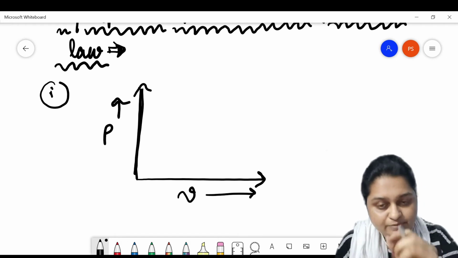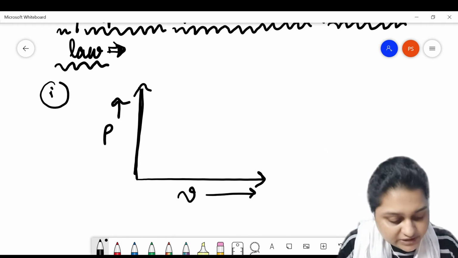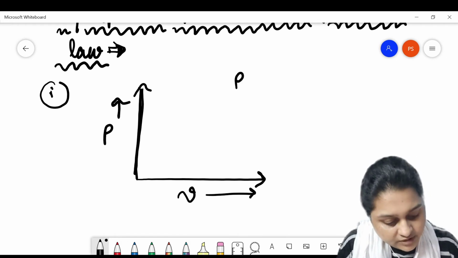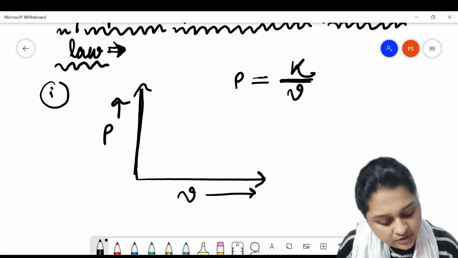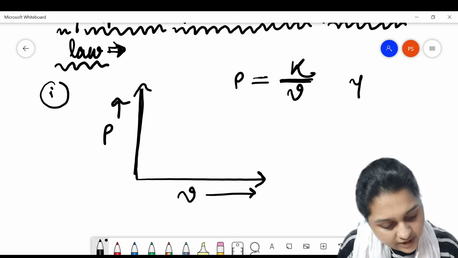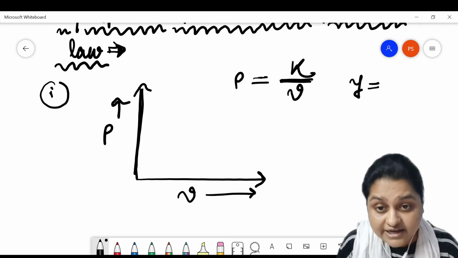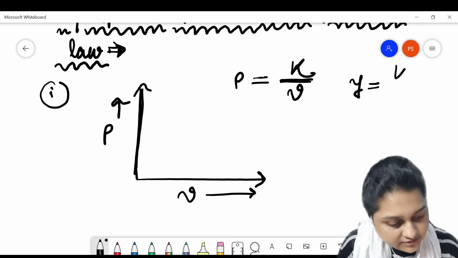Now, pressure and volume are represented separately in the P equals k by V plot, where P is taken on the y-axis and V is taken on the x-axis.